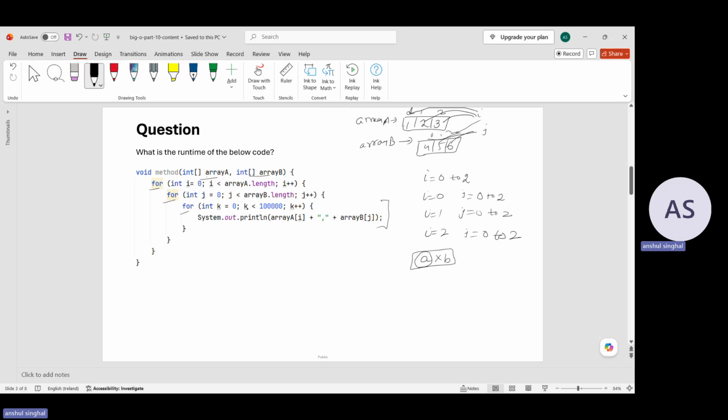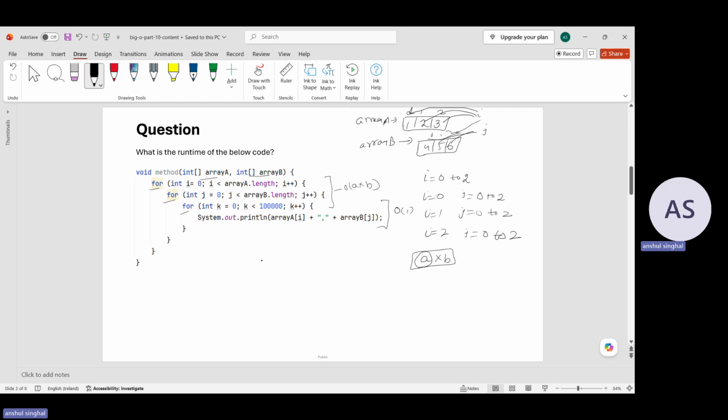It runs from k equal to 0 to 100,000 times, right? So I can say this is order of 1. It is constant time. But then this thing will run order of A times B times. And that is what we are doing.